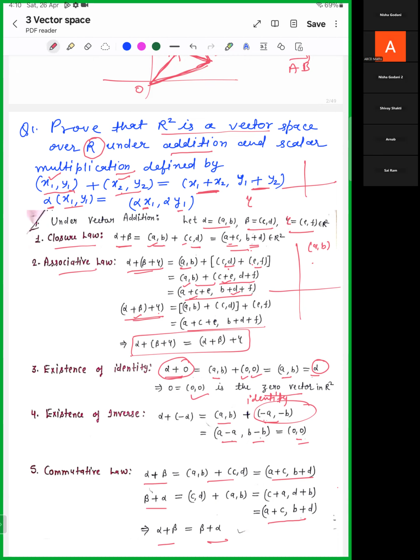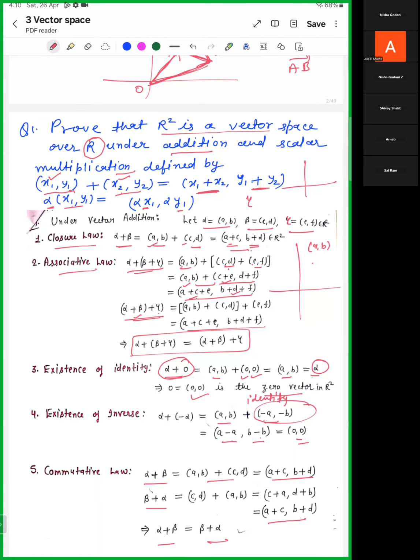I'll also discuss some questions which are not vector spaces. Not a vector space means if any one of the properties is not satisfied, then it is not a vector space. If all these 10 hold, then it is a vector space. So for having a vector space, we have to check all 10. For not having a vector space, if we show that any one is not satisfied, then it is not a vector space.